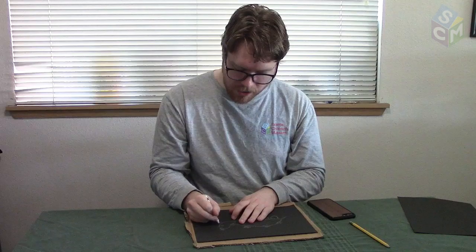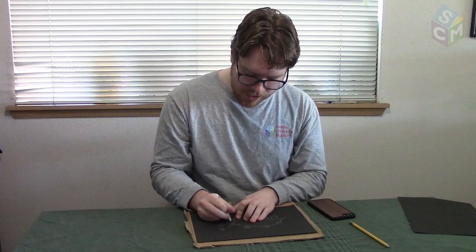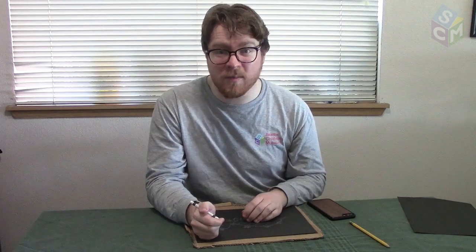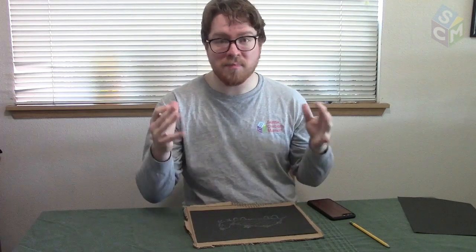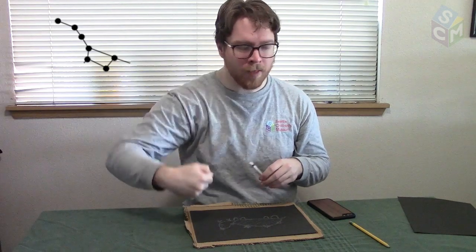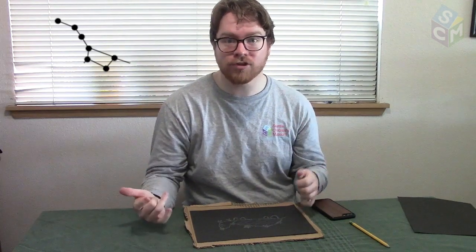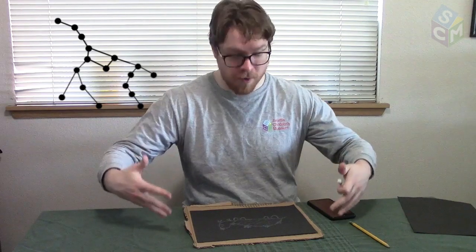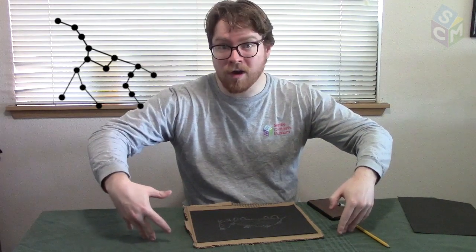Think about the way constellations can connect to each other. One constellation you might already be familiar with is the Big Dipper. It looks like a giant spoon in the sky. That's actually part of a larger constellation called Ursa Major, which is the mother bear or the great bear in the sky.